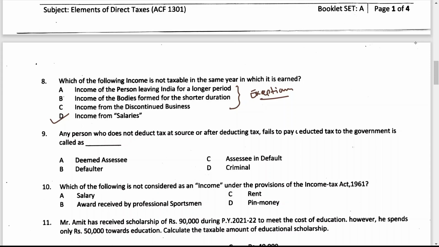Only income from salary will become your answer in option number 8.